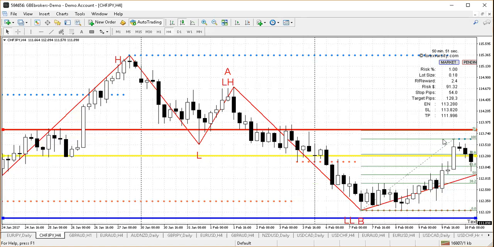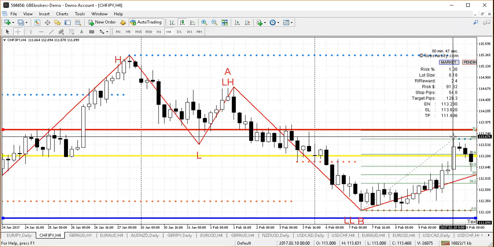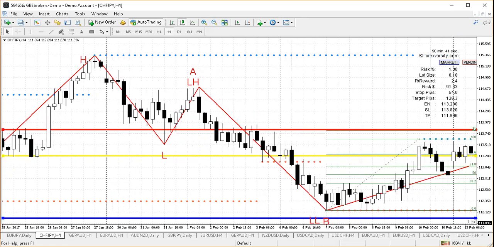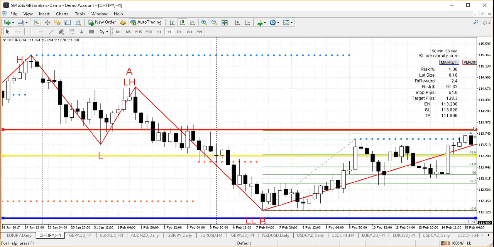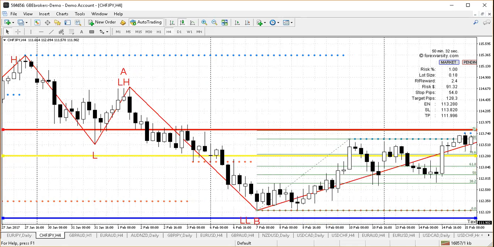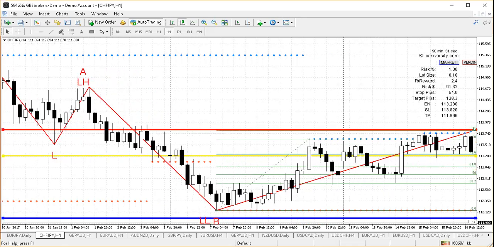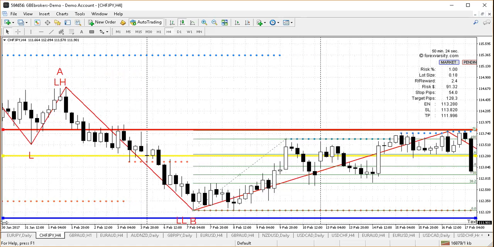And the reason that we don't put it directly above or below the C is this. Very often what happens is price comes back up to retest that level. Okay, so can you see what happened is that we maybe thought we were going to get a C there.